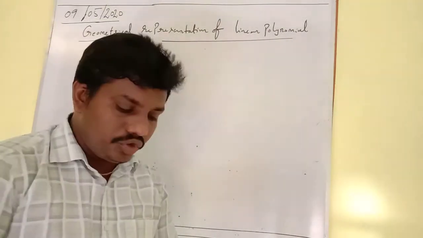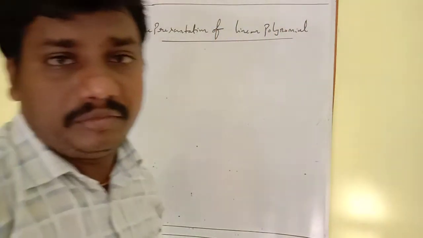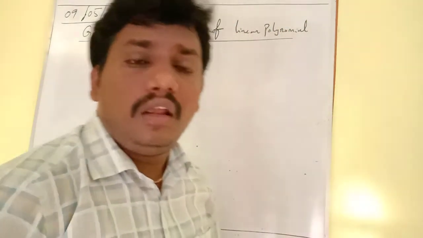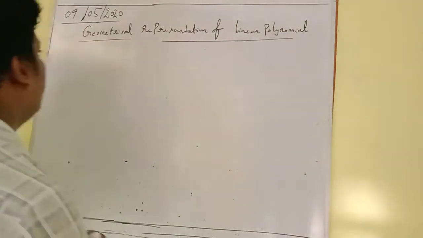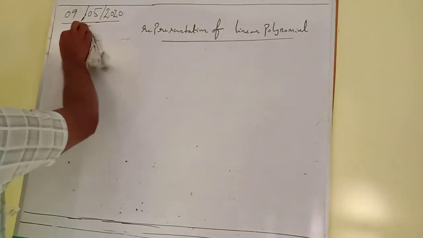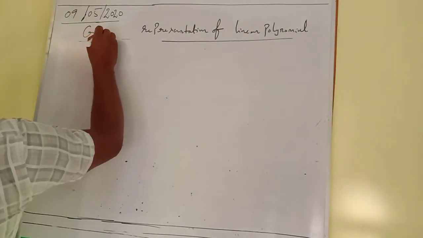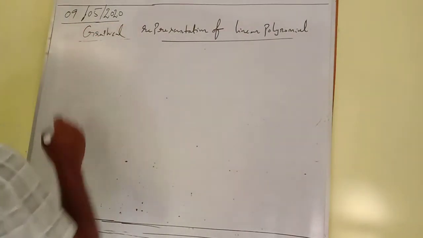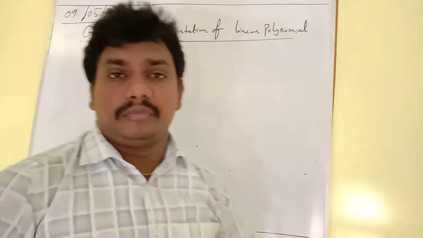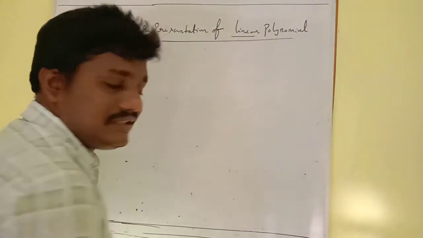Now the geometrical, or graphical, representation of a linear polynomial. See, the name linear polynomial itself suggests a line.